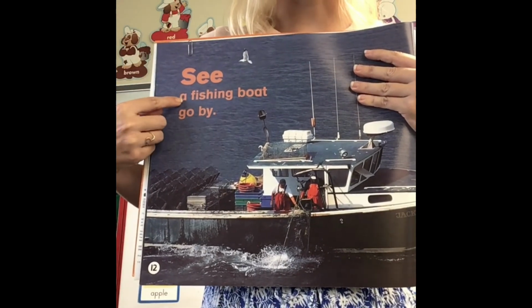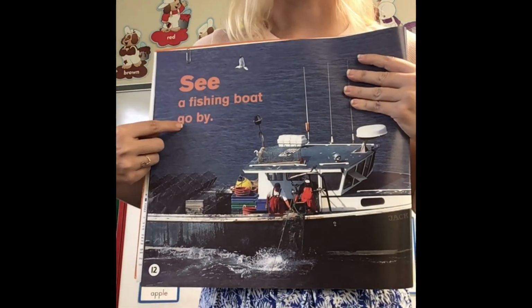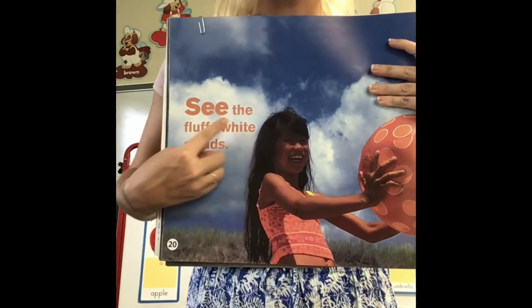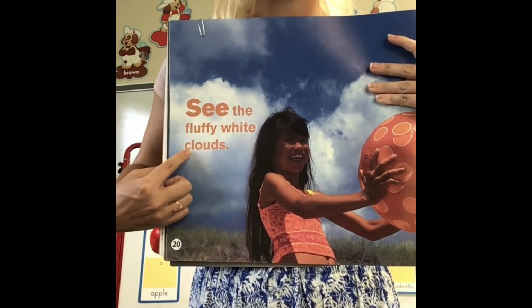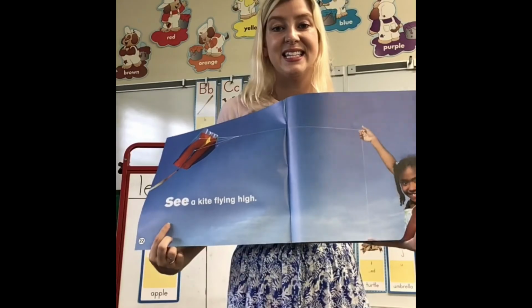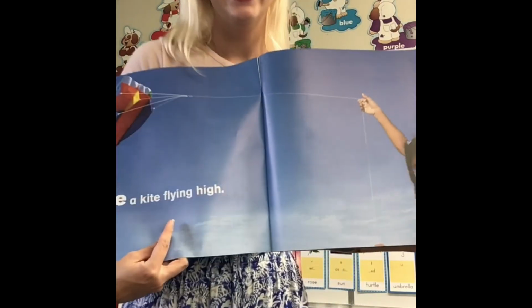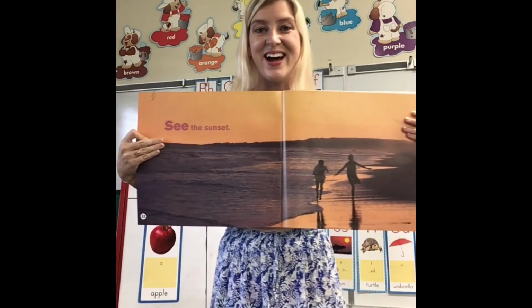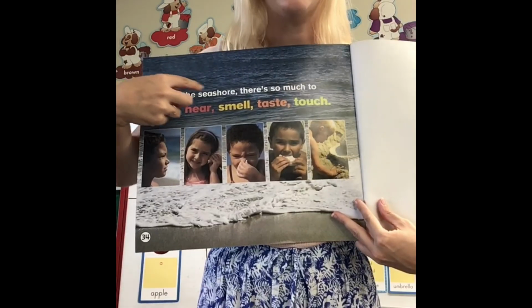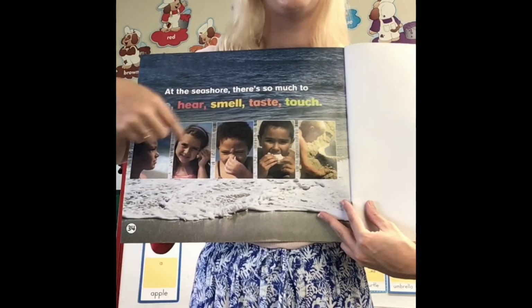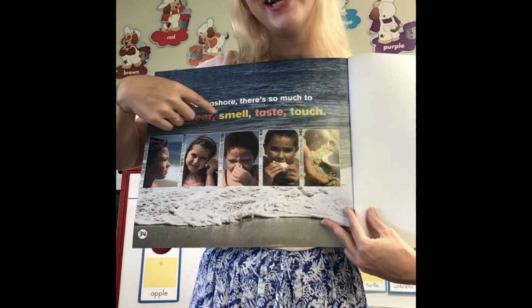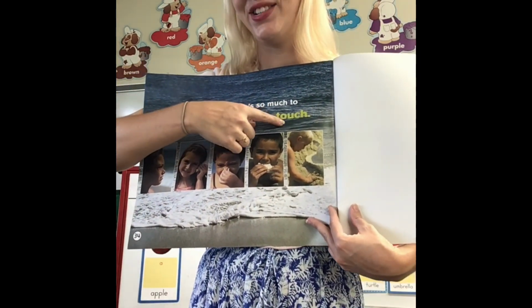See a fishing boat go by. See the fluffy white clouds. See a kite flying high. See the sunset. At the seashore, there's so much to see, hear, smell, taste, and touch.